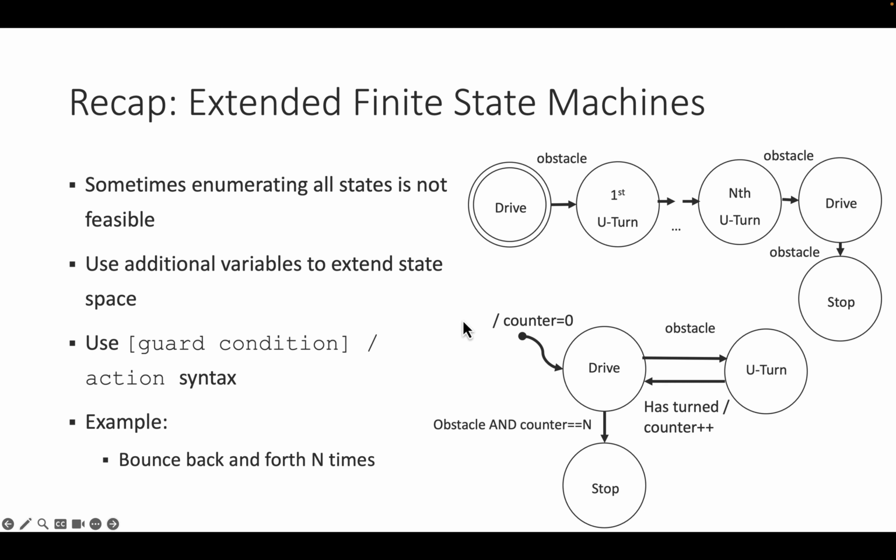So there's no guard condition when you start, but then there's an action: I set the count to be 0. Whenever I complete a U-turn, I also increase the counter by 1, and then I can use this counter variable in my guard condition and say, if I hit an obstacle and the counter is n, that means I have made n U-turns, then I stop.